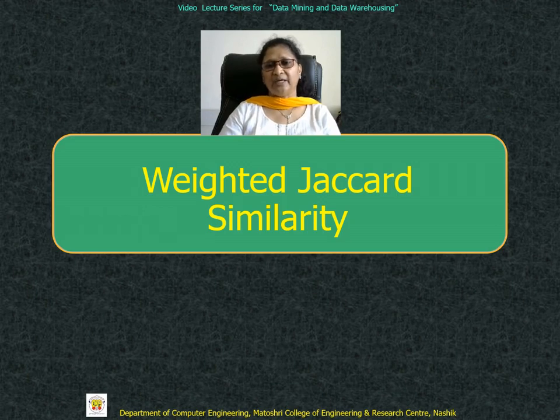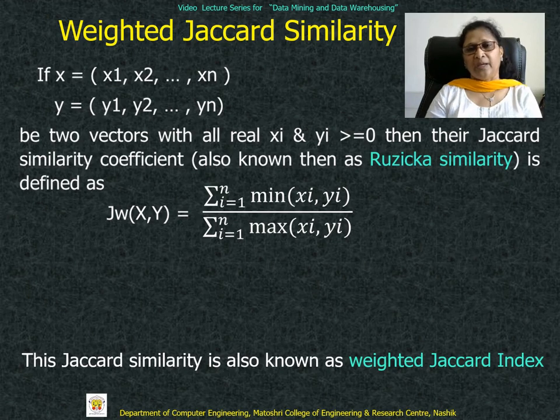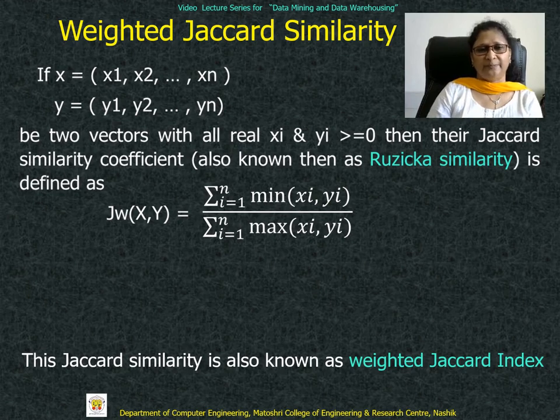Another variation of the Jaccard similarity index is weighted Jaccard similarity. In weighted Jaccard similarity, instead of 1 and 0, we consider weights of these attributes, which could be some numeric values.